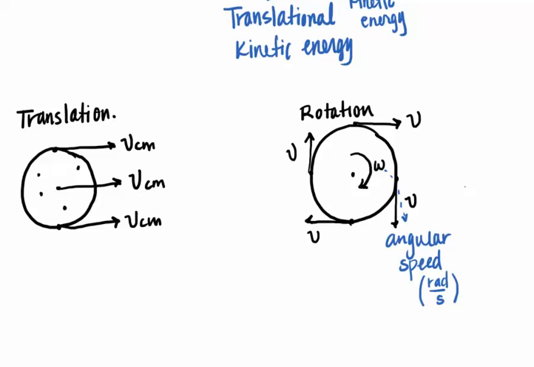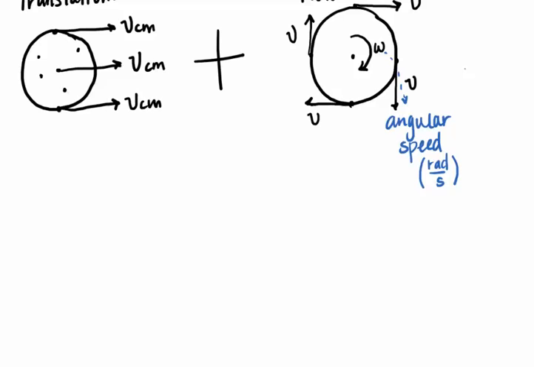So then when this thing rotates and goes down the incline, it's doing both of these things at the same time. So we're going to put these two translation and rotation pictures together. So imagine taking them and superimposing those circles on each other with VCM and the V's together. Now, in order for it to rotate, it does not slip.